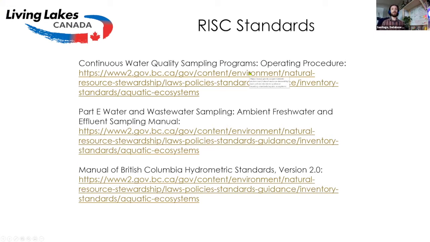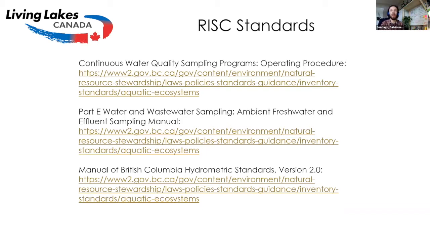Now I'd like to talk to you about the risk standards and the available resources that we have in order to grade data to a provincial standard. When it comes to water quality monitoring, there are two important resources that I use in order to create our approach for water data quality. First is the continuous water quality sampling programs operating procedures.